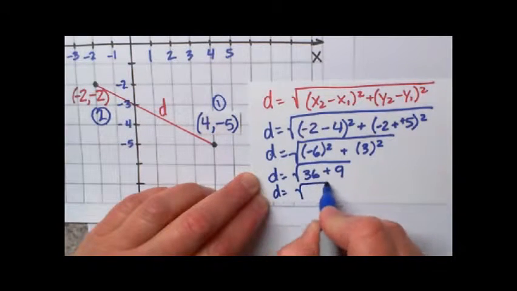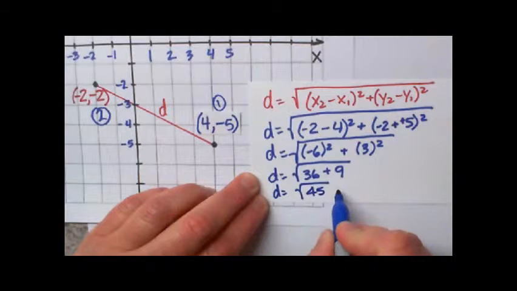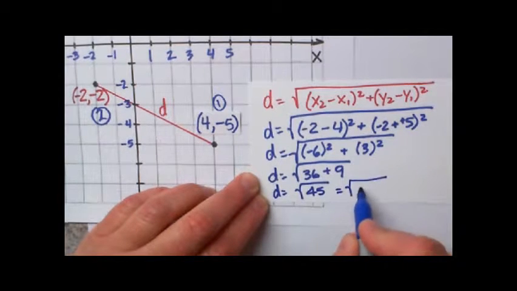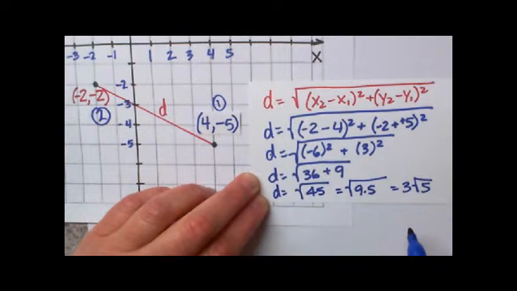So now I'm left under the radical with 36 plus 9, and we know that equals 45. But now at this point, I'm going to look for perfect squares, right? And I can see that if I rewrite this, 9 times 5 is equal to 45. 9 would be our perfect square, so I can pull that out of the radical as a 3, and the distance is 3 times the square root of 5.